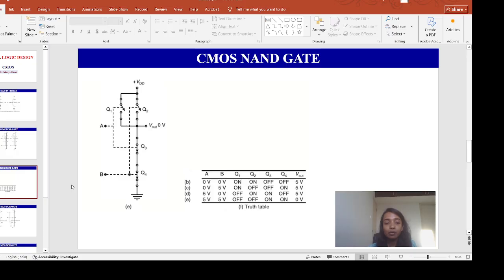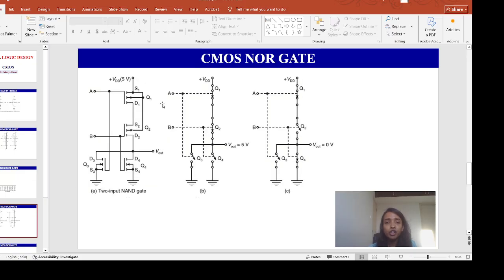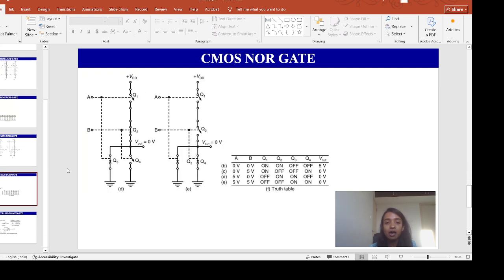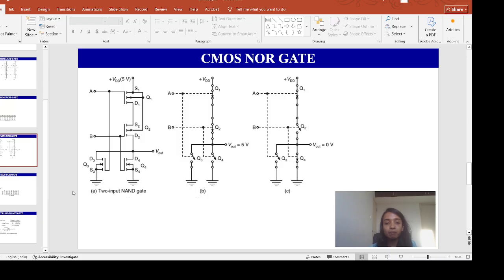Okay. Now let's see the operation of the CMOS NOR gate. So this figure shows a CMOS 2-input NOR gate, and the equivalent circuits for the different input conditions are shown here. Okay, in B, C, D, E, these are different switching circuits.